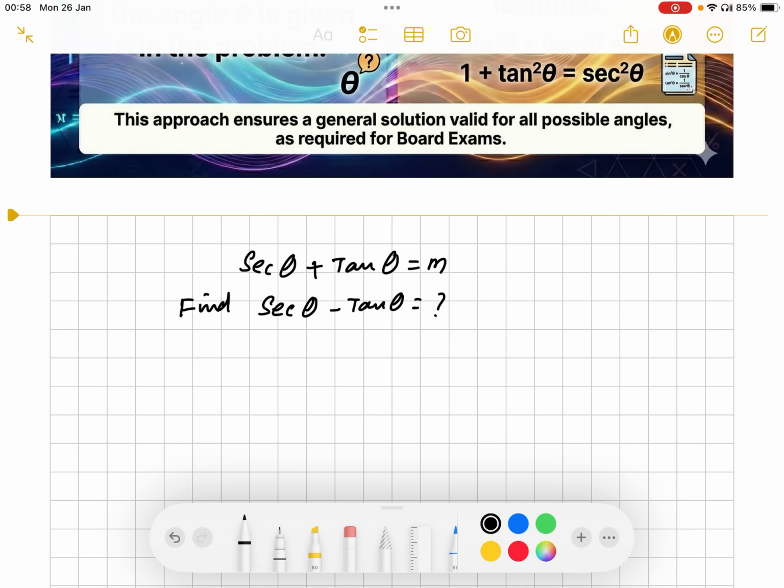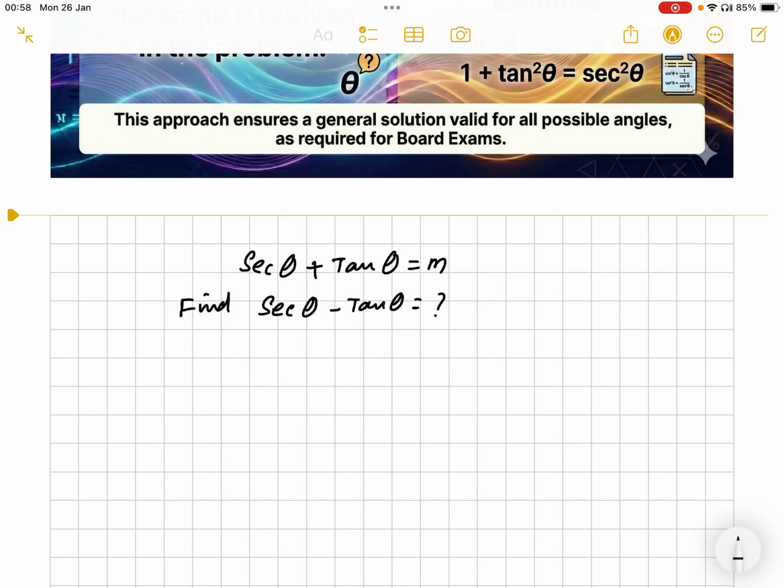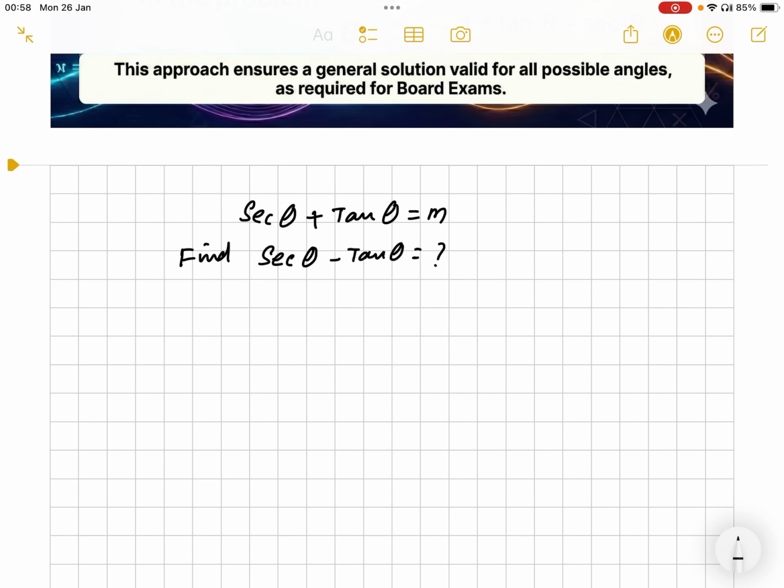See, when secant theta and tan theta are involved, what identity should we use? One identity is the clear identity: 1 plus tan square theta equals secant square theta. All of us know. So just transpose the trigonometric functions to one side. We have secant square theta minus tan square theta equals 1.